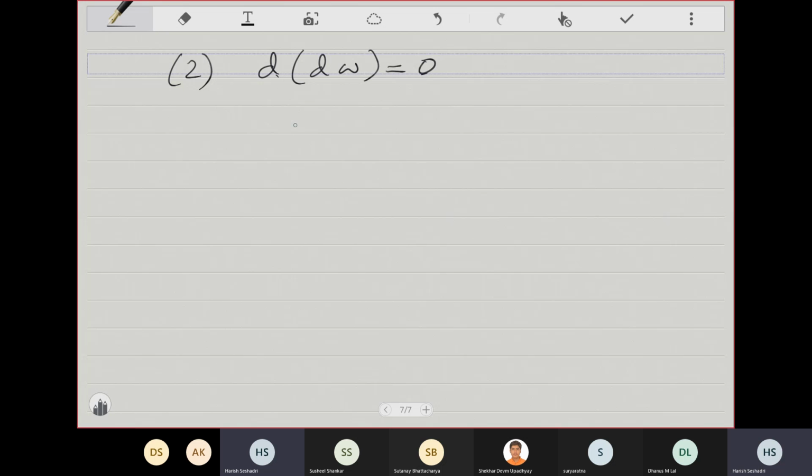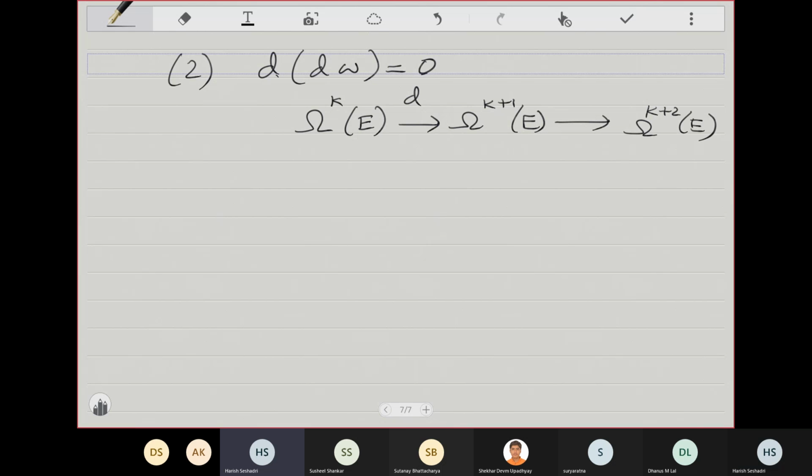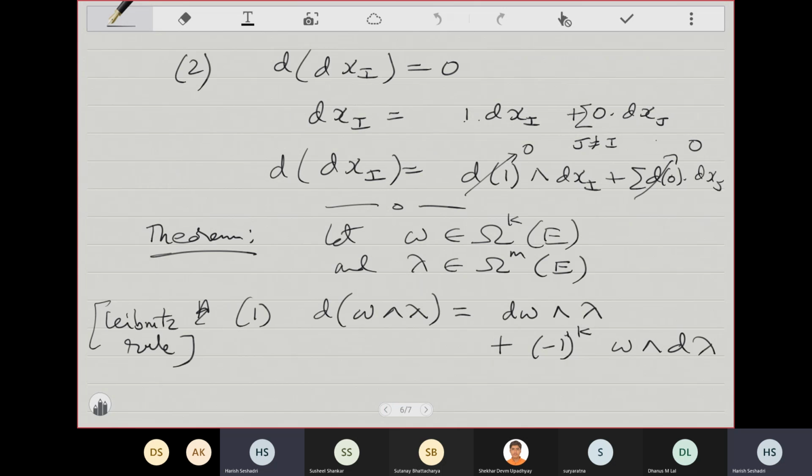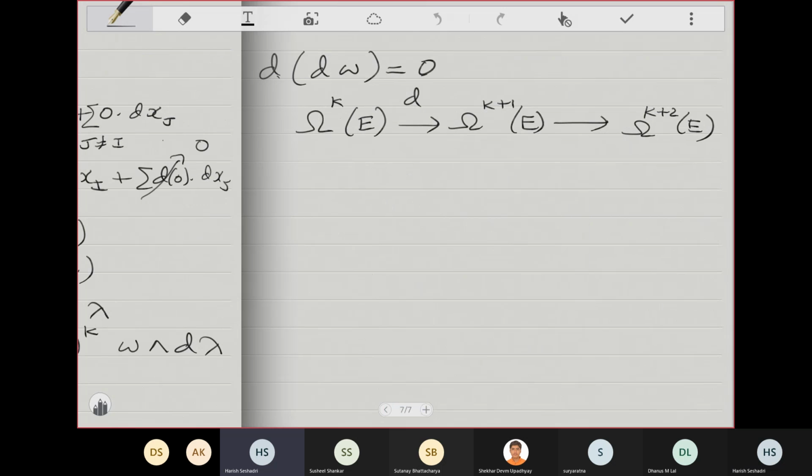So strictly speaking, one should keep track of these d's with an index. For example, this omega in capital Omega k will take me to d here, and one more d, the second d, will take me here. That's another thing, by the way. That's already implicit in the definition.